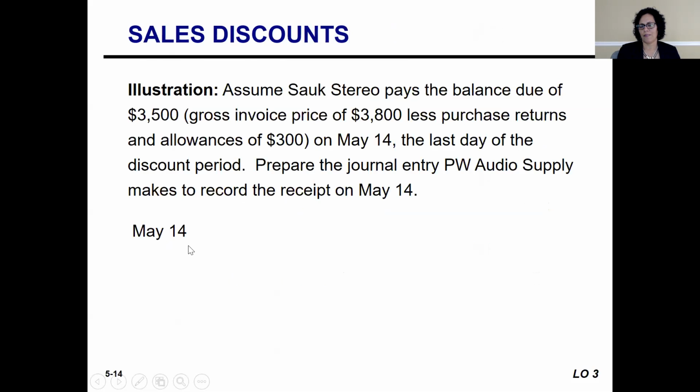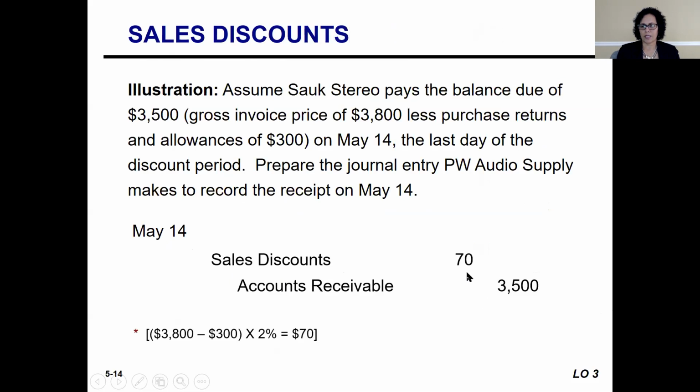Okay, May 14th, the buyer pays the seller the amount due. $3,800 minus $300 is $3,500. It's within the discount period. Now they paid the full amount that's owed, $3,500. Okay, they're not paying the dollar amount, but the account is settled in full. The sales discount is $70.